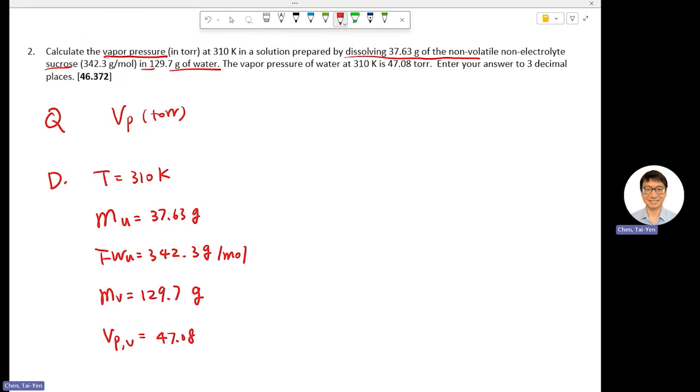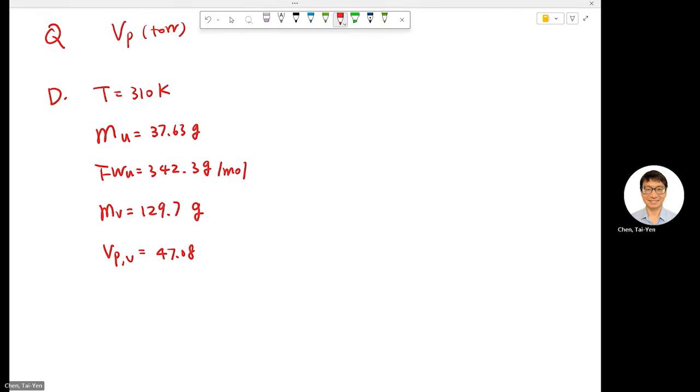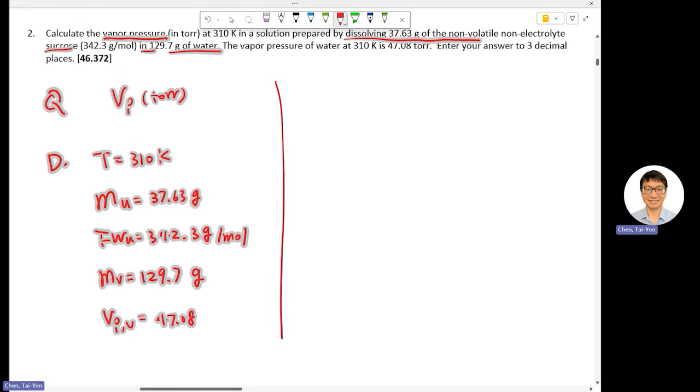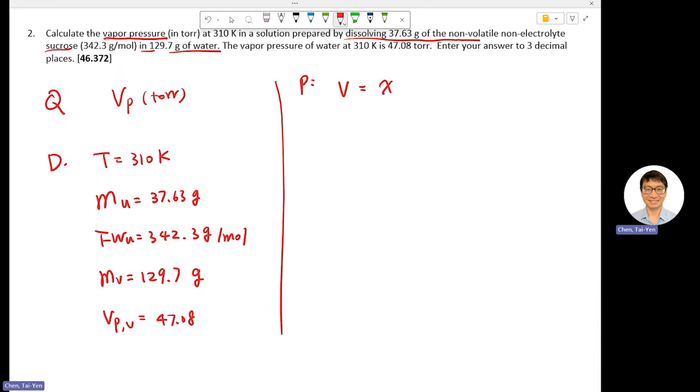If you go back to the things I showed you previously, how do we calculate the vapor pressure? I'll write it here, Raoult's law. The vapor pressure is equal to the mole fraction of your solvent times the solvent vapor pressure.